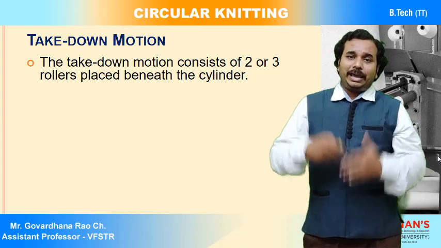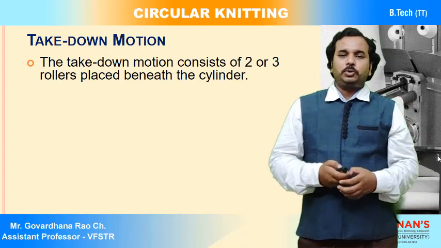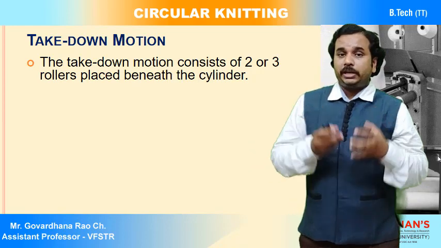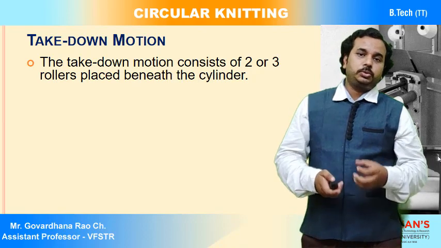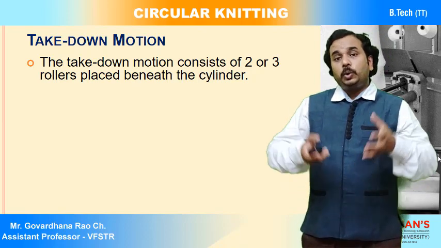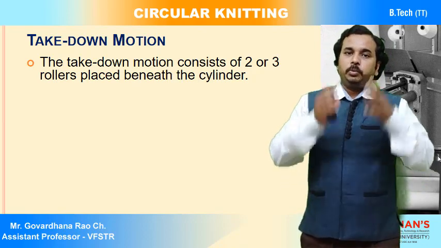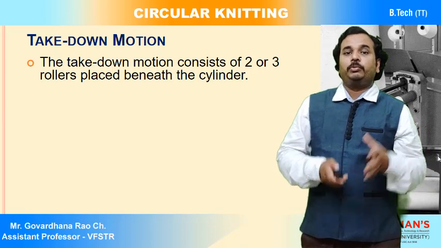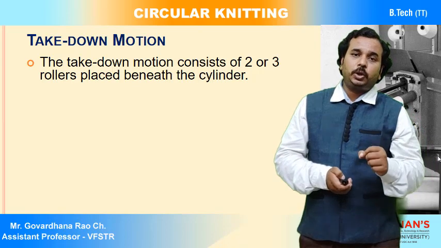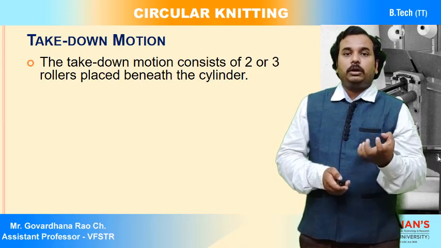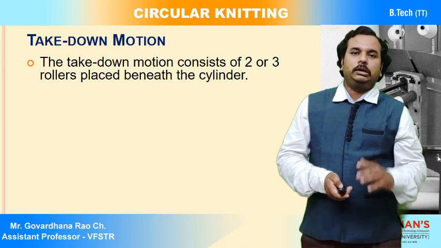A small mechanism uses 2 to 3 rollers to take down, or pull, the fabric from the knitting zone. Whatever loops are formed in the knitting zone, we take them down to the bottom of the knitting machine.